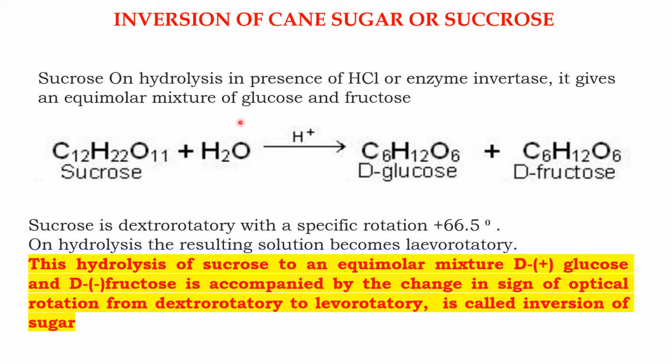On hydrolysis, that is treating with water in the presence of a mineral acid, it gives glucose and fructose. If I take 1 molecule of sucrose, I will get 1 molecule of glucose and 1 molecule of fructose. That is why I told you an equimolar amount of glucose and fructose.